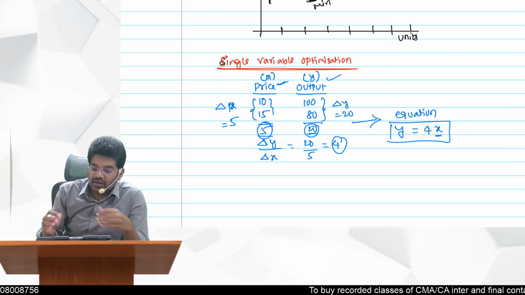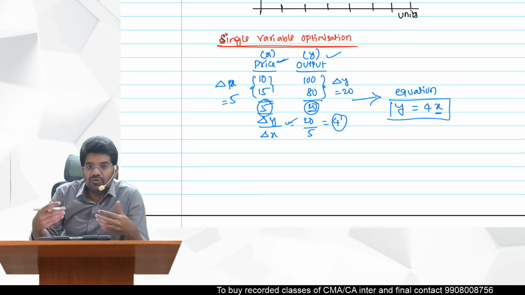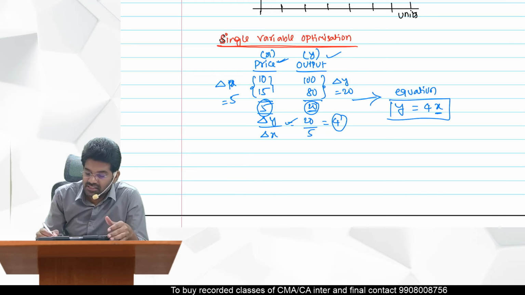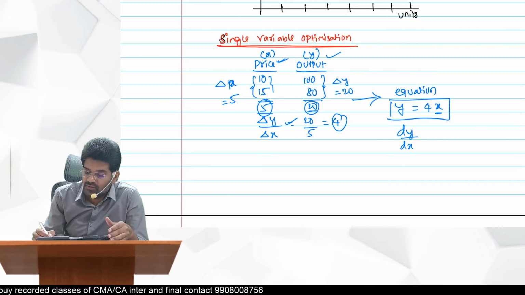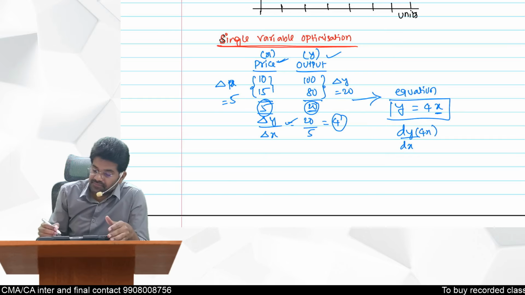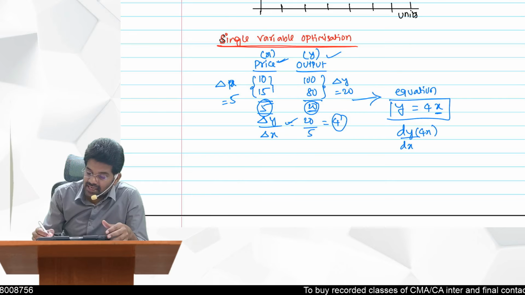Right? Now if you want to apply derivatives to this, you should write dy by dx is equal to the derivative of 4x. Basically how it is represented is delta, no?